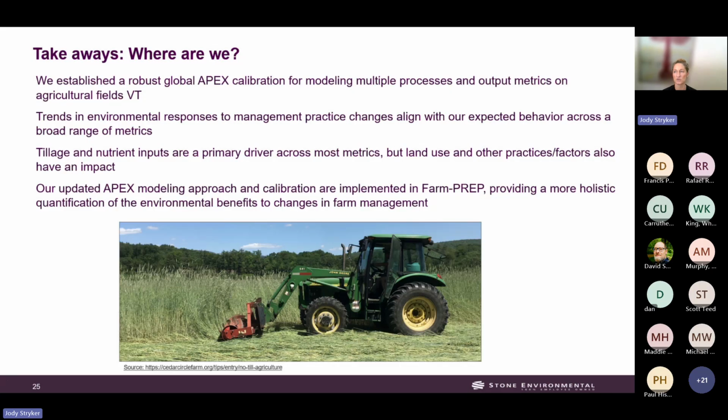We're seeing that tillage and nutrient inputs are primary drivers across most of those metrics, but other practices and factors definitely have an impact as well, and they're field specific. We also feel like our updated APEX modeling approach and calibration that's implemented in FarmPREP is providing a more holistic quantification of the environmental benefits of changes in farm management.